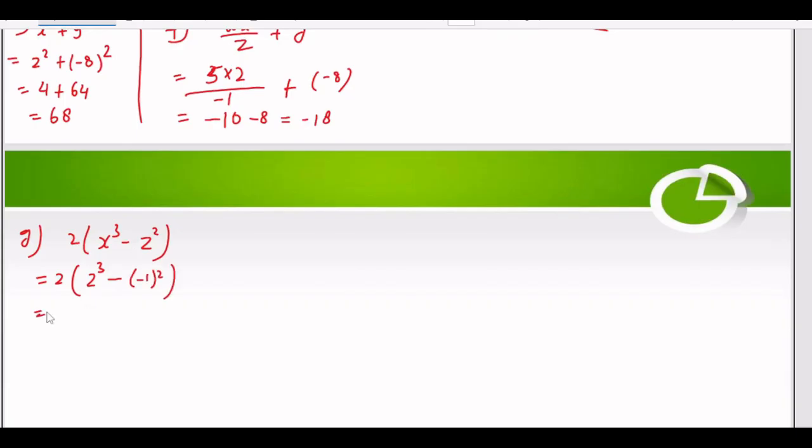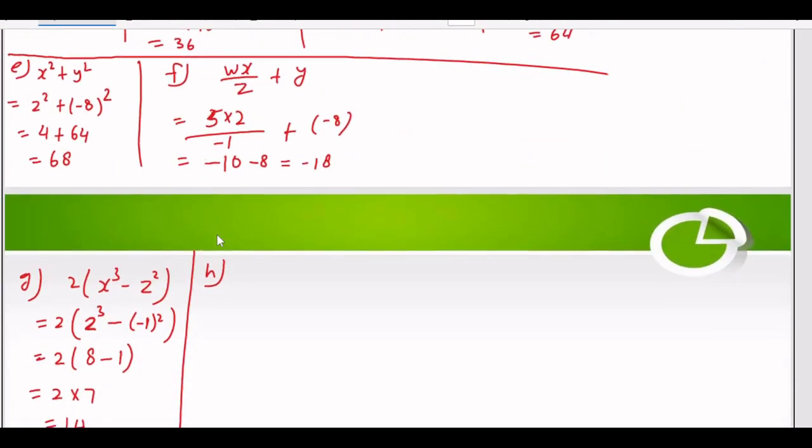Don't get confused between z and 2, my 2 and z are looking the same, sorry. So this is 2 into 2 cubed is 8 minus 1 squared, this is going to be positive, 8 minus 1. So 2 times 7, that is 14, right? That is G.